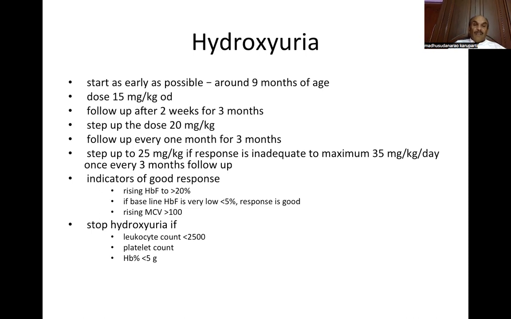You have to target these values while the patient is on hydroxyurea. But stop hydroxyurea if one of these things is present: leukocyte counts falling below 2,500, falling platelet count, and fall in the hemoglobin to less than 5 grams.